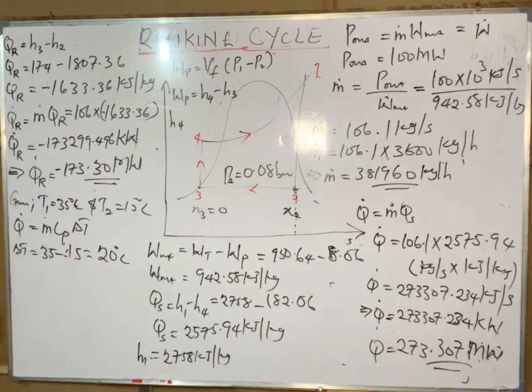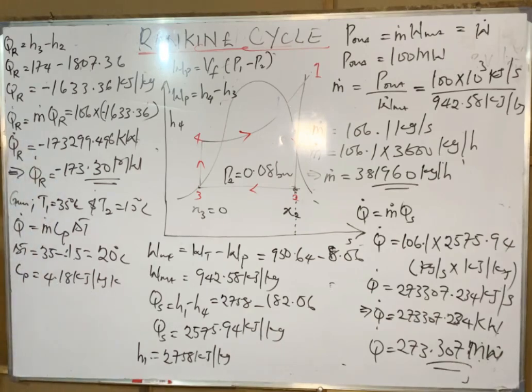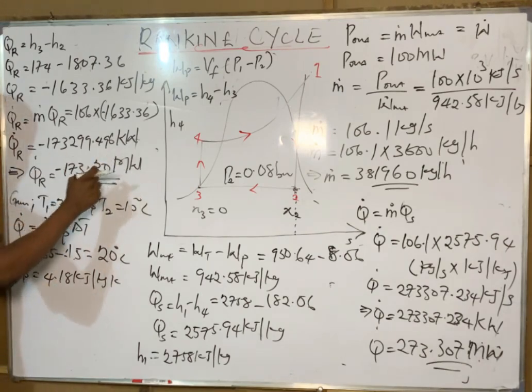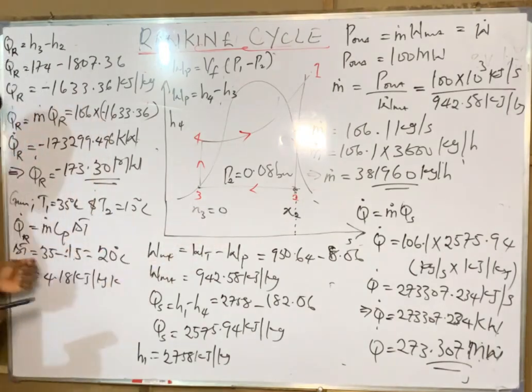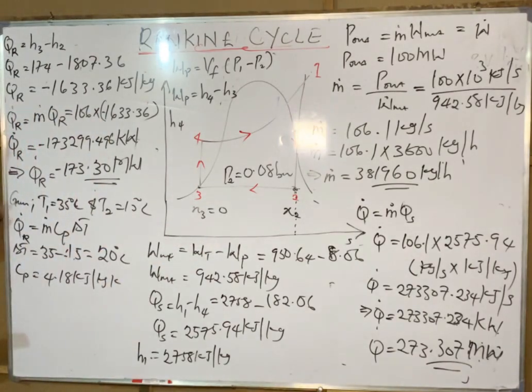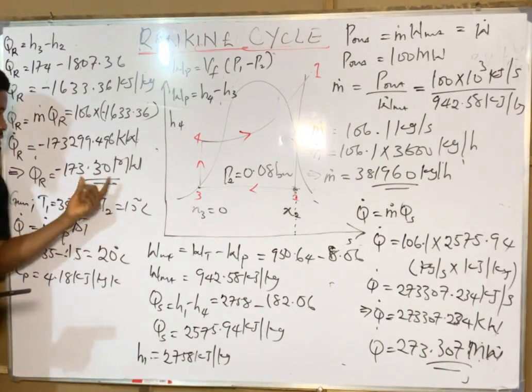Anyone can work this out at this point. Now, our Cp for water is 4.18 kilojoules per kilogram Kelvin. We need to find m dot, the cooling water mass flow rate, and the cooling water is the water coming out from the condenser. So the heat rate is the heat rejection rate that we found at the condenser, 173.30 megawatts.